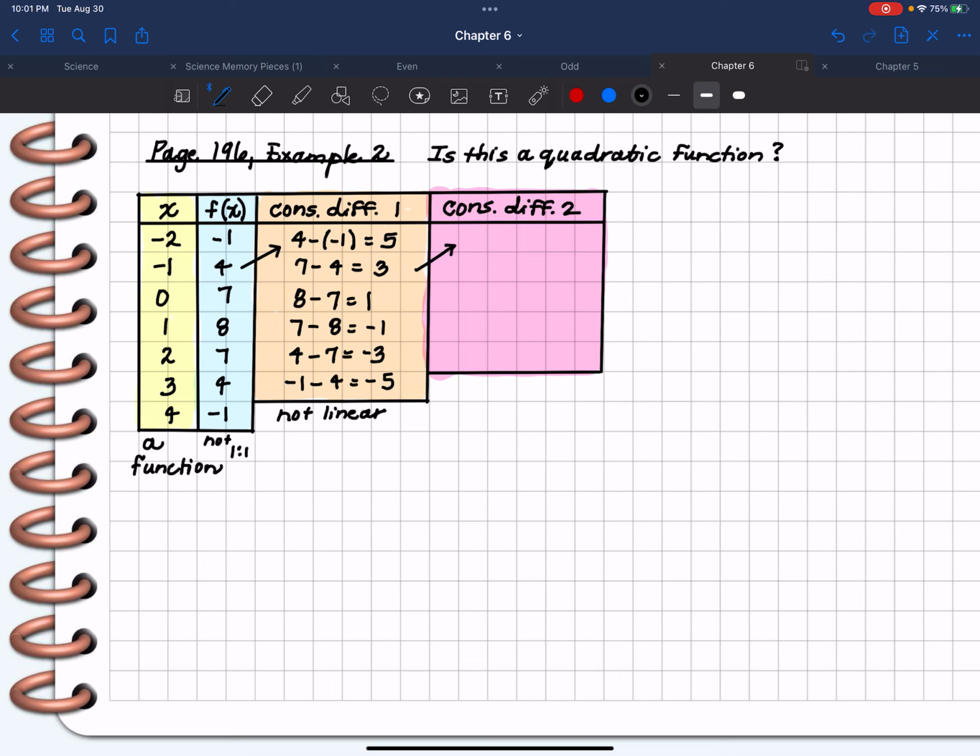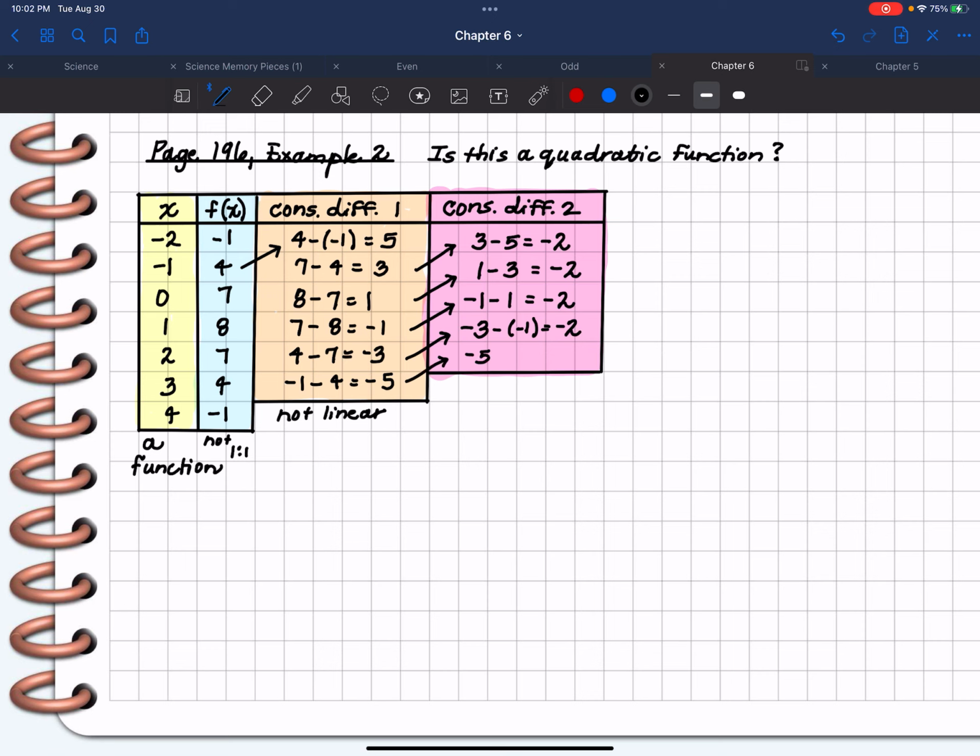So 3 minus 5 is -2. 1 minus 3 is -2. -1 minus 1 is -2. -3 minus -1 is -2.